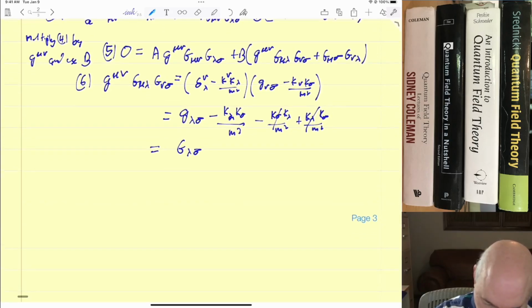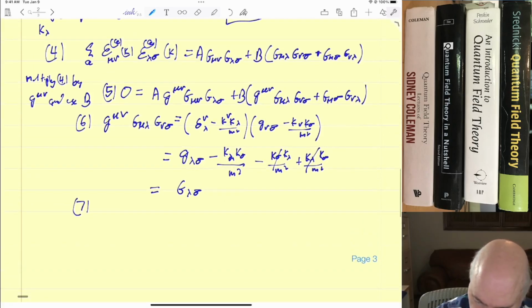And then the next thing we want to calculate, so we calculated this. Calculate this term over here. Now we've got to calculate these terms.